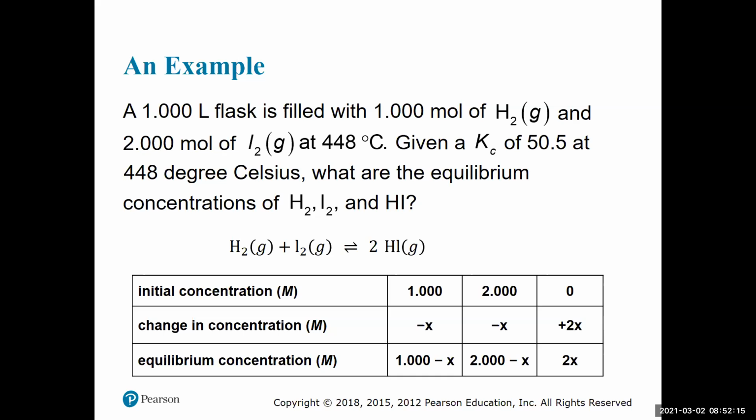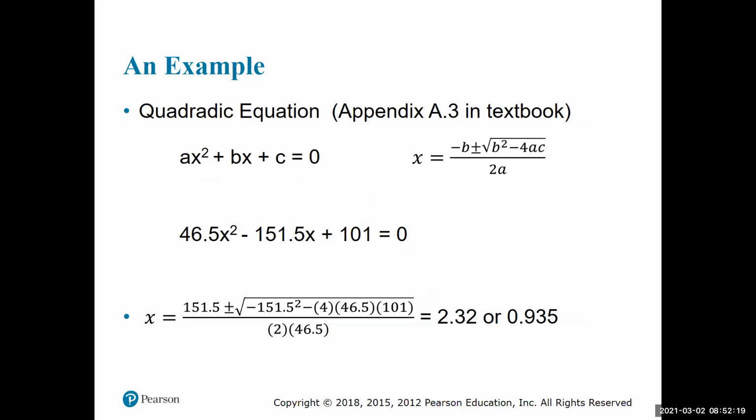So from just a common sense type of perspective, that tells us that even though solving the quadratic equation gave us two values, the 2.32 doesn't really make any sense from just a logic, chemistry, whatever you want to call it, point of view. And so that means the 0.935 is the value we're going to use.